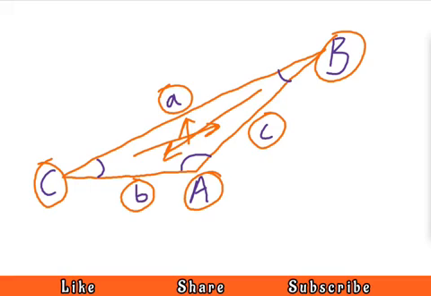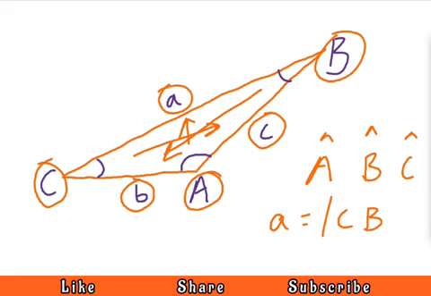You can represent angle A like this, angle B like this, and angle C like this. Now you could also call side a line CB, just like this, and then side b can be called CA, with these lines beside them.